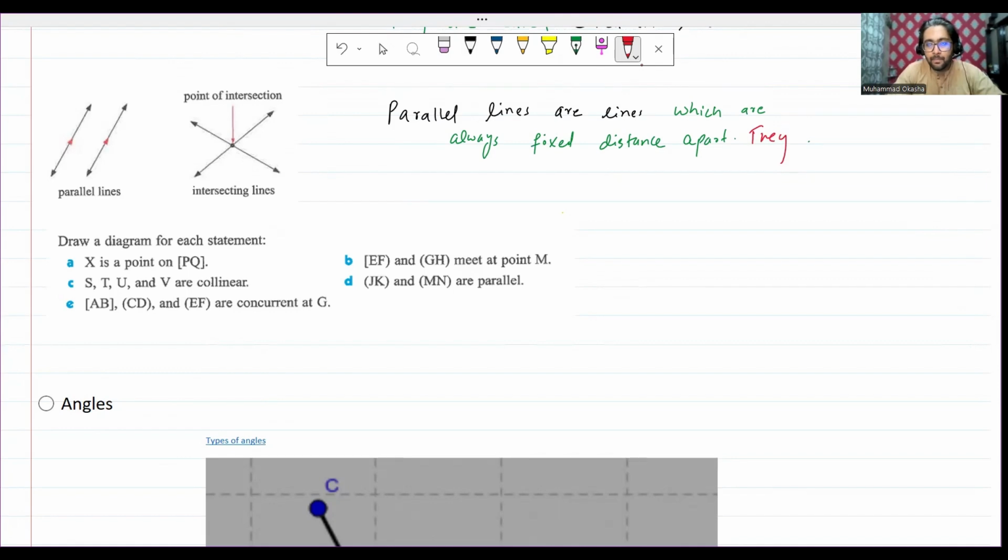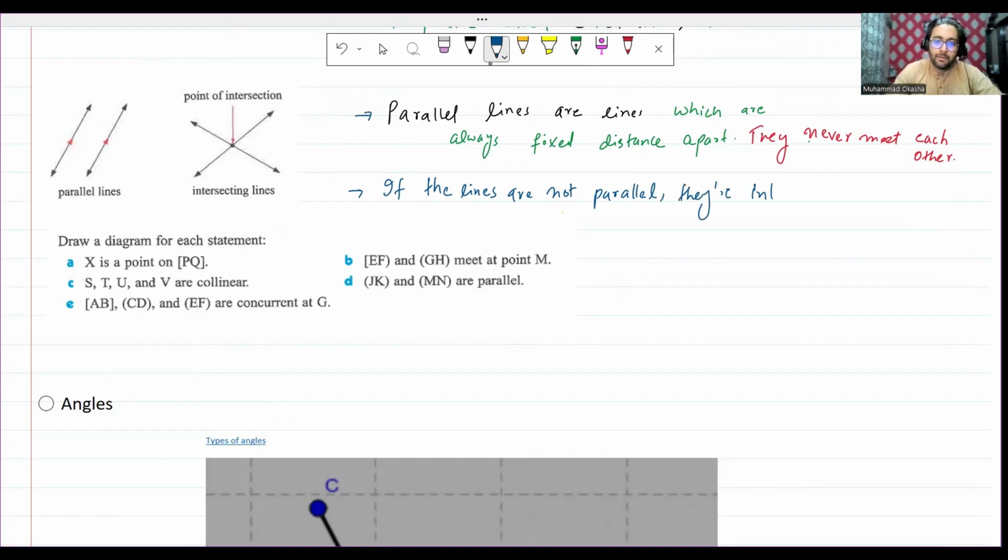They never meet each other. Again, if the lines are not parallel, they are intersecting always. I'm talking about 2D, so don't worry about anything beyond 2D.